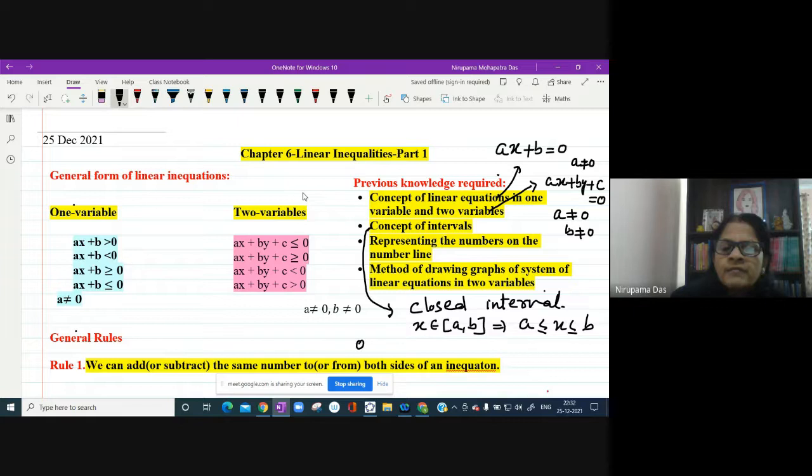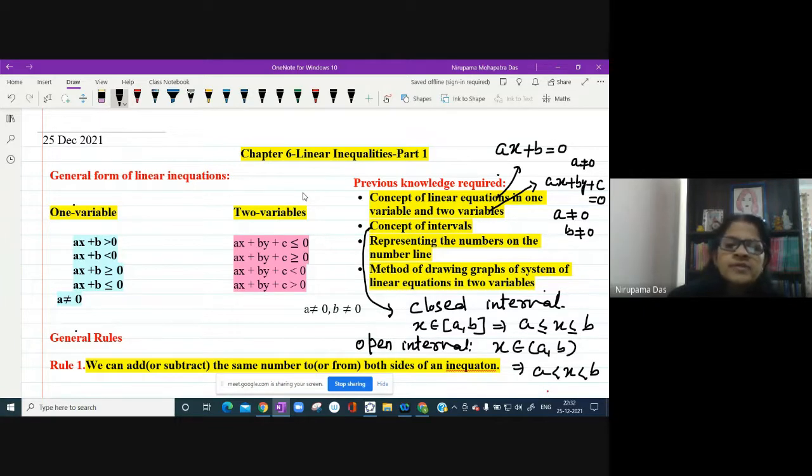And the open interval, when we say x belongs to open interval ab, this implies a less than x less than b.